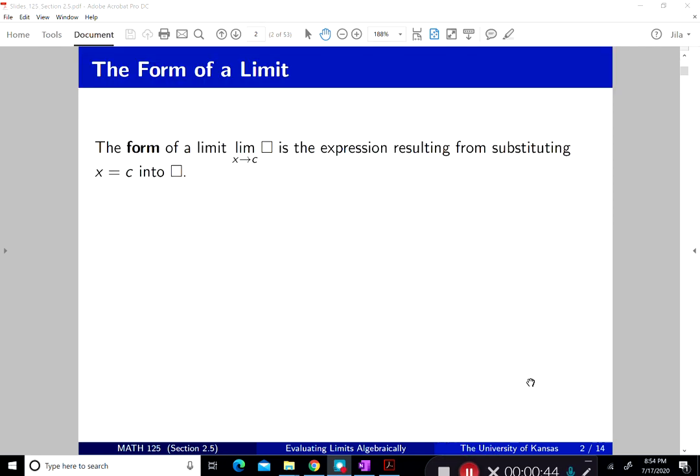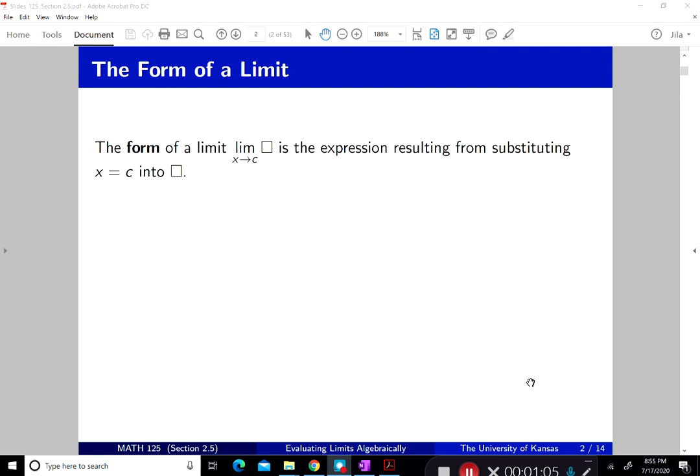So the form of a limit, the limit as x approaches c of whatever, like we put a square in there, is this expression resulting from substitution of x equal to c into that expression in front of the limit.